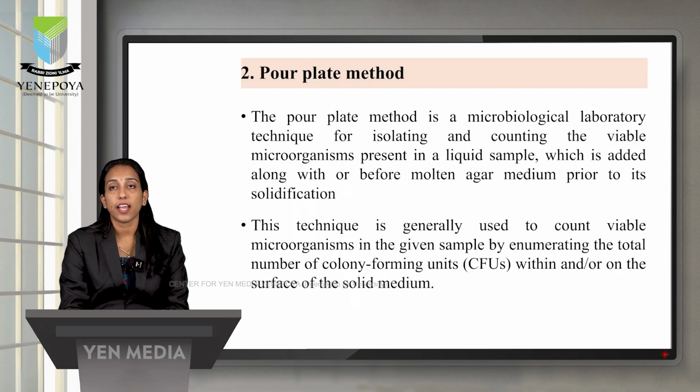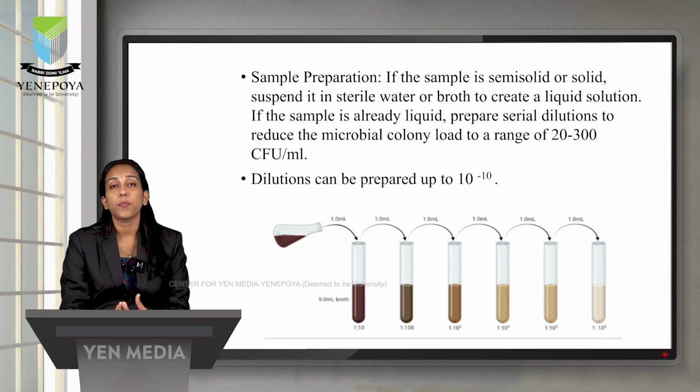Then coming to the next method for the isolation of pure culture, that is the pour plate method. The pour plate method is for isolating, and we can also count the viable microorganisms present in a liquid sample. How do we perform it? First we need to prepare the microbial sample.